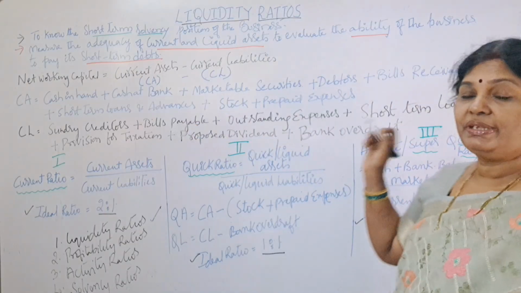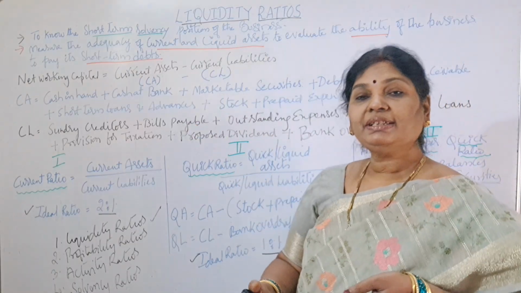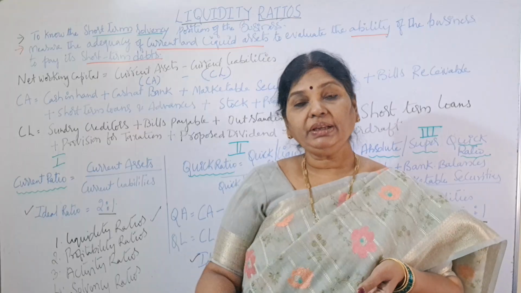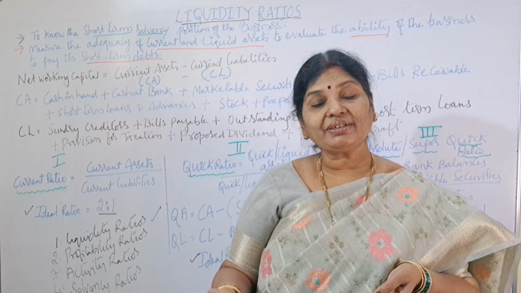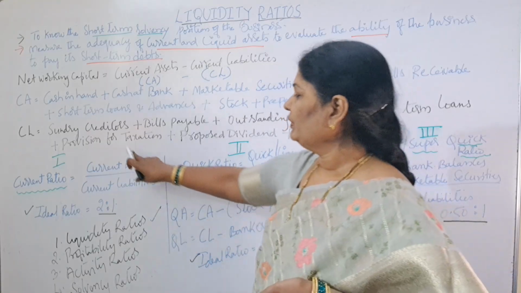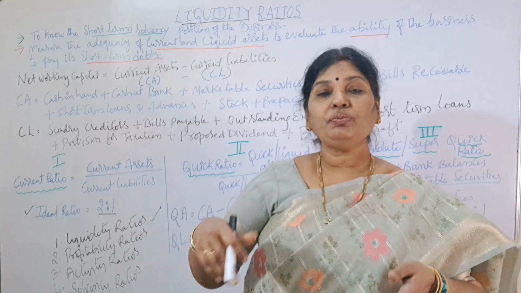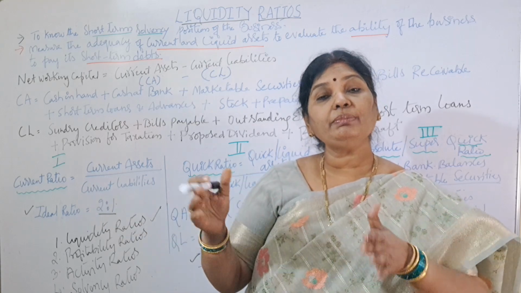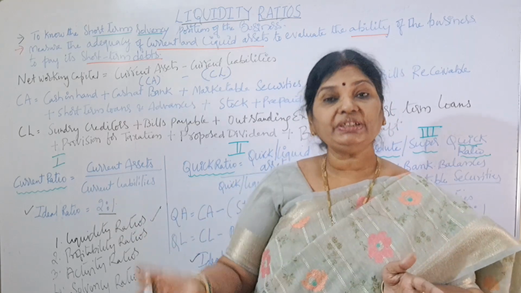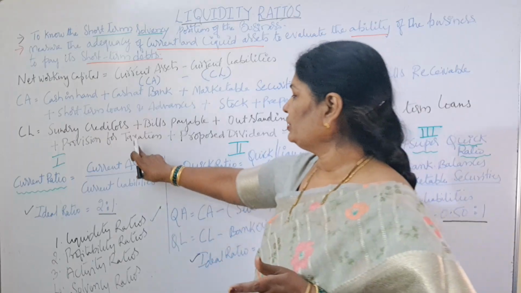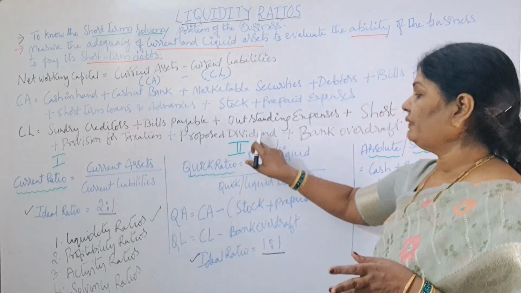Next is short-term loans. If you are taking any short-term loans which we have to pay, those are called short-term loans. Next, provision for taxation. Companies make some provision to pay future taxes, so that is called provision for taxation. Next, proposed dividends.